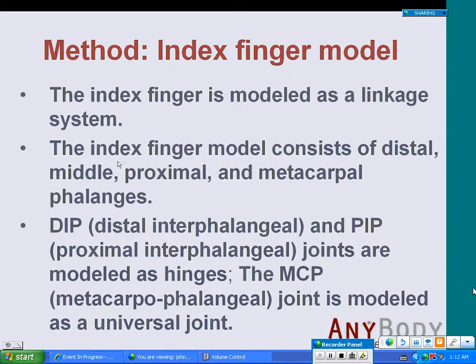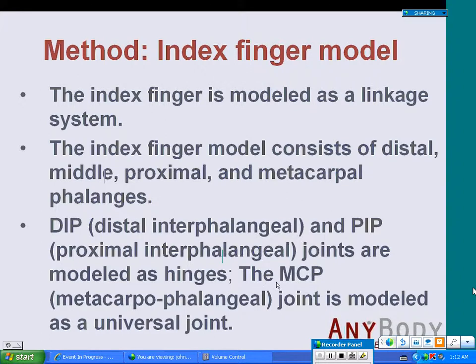All the other 3 sections move relative to the metacarpal phalanx. There are 3 joints: the DIP, distal interphalangeal, and the PIP, proximal interphalangeal joints, which are modeled as hinges. They have only 1 degree of freedom, rotating around only 1 axis.